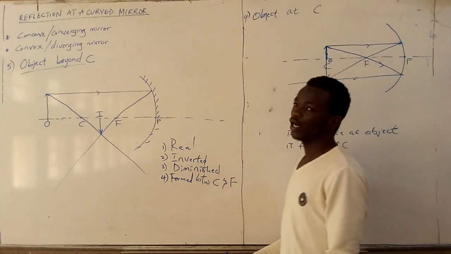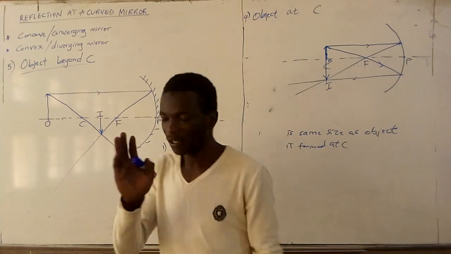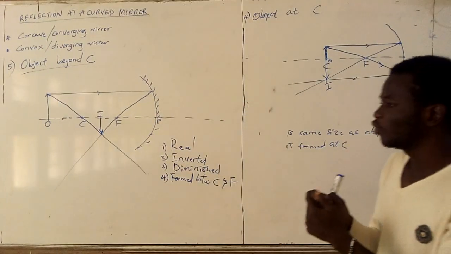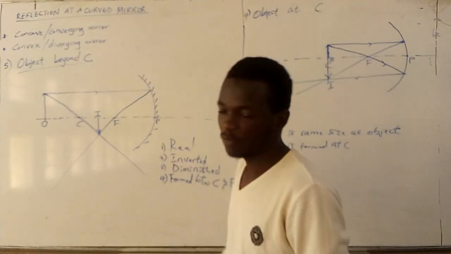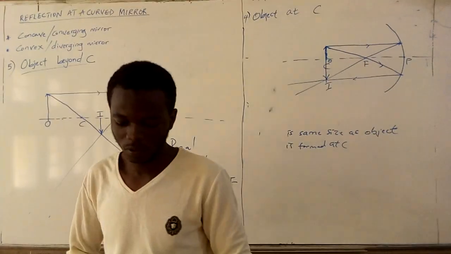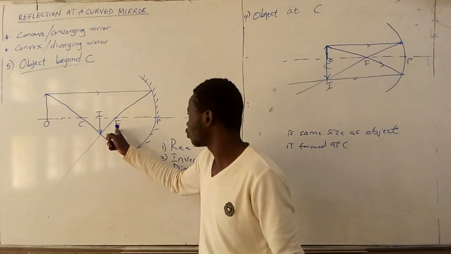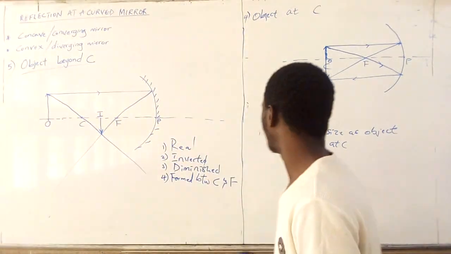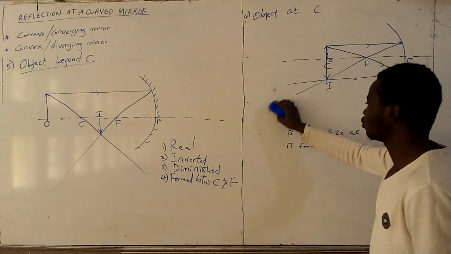So if you want an image to be upright, that is, not inverted, the only position where the object should be is between the principal focus and the pole. That's the only region where you can have the upright image as well as a virtual image.